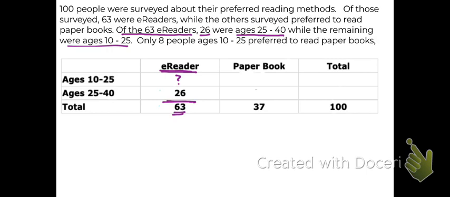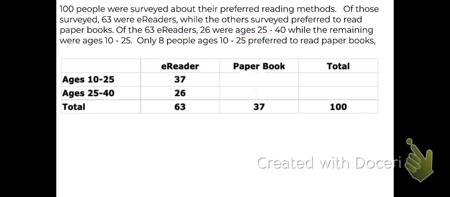This means that the 63 total is the number of people that are e-readers between 10 and 25 and the number between 25 and 40. So if you take the 63 and you subtract 26, you'll see 37 of those 63 people must be between the ages of 10 and 25, because 37 plus 26 gives us that total of 63.